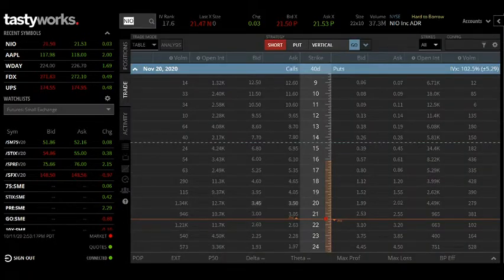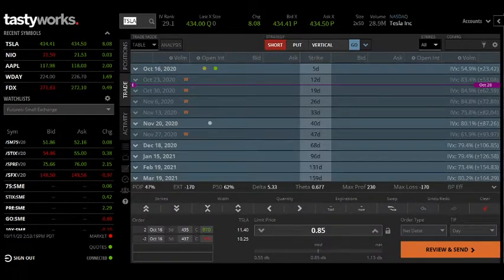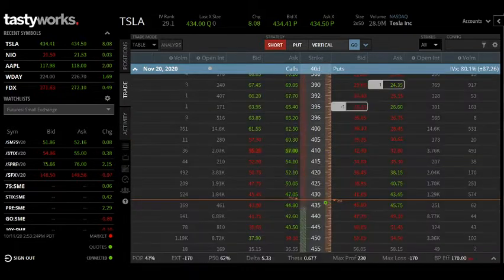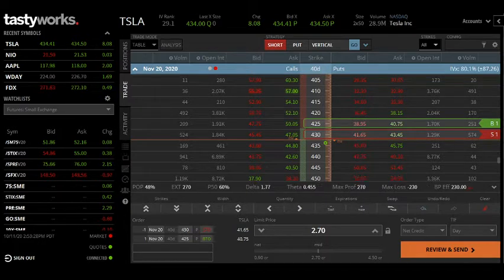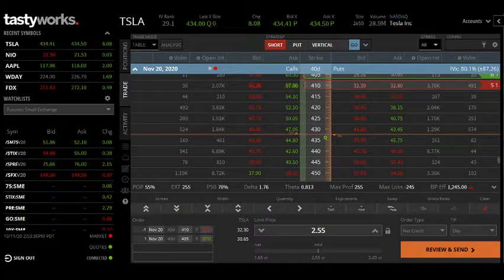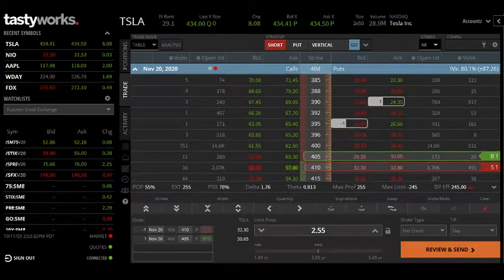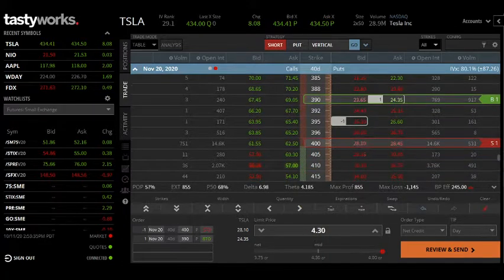Go to Zoom or Tesla. We'll go to Tesla. Tesla's got a 29. That's okay. I try to keep them over 25 usually. So just like Zoom, or just like Apple, you collect a third of the width of strikes.